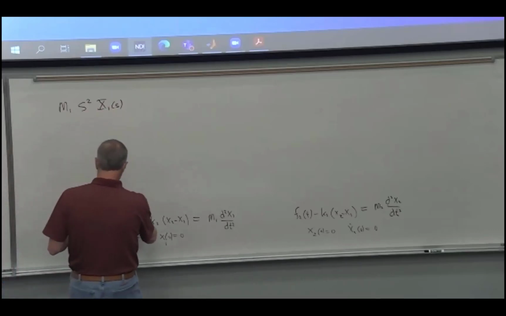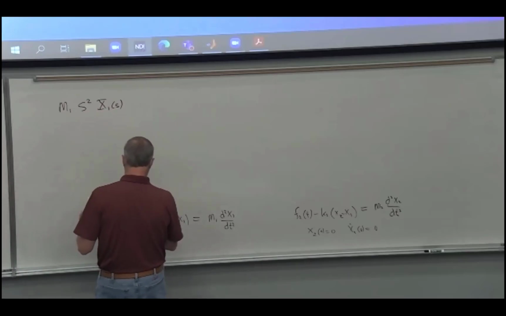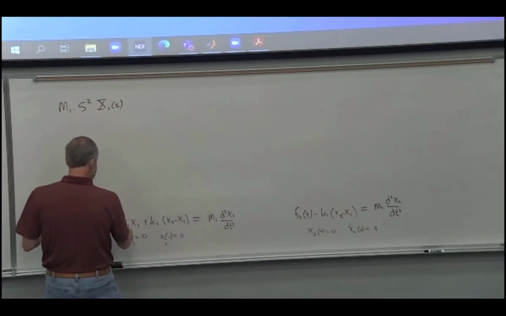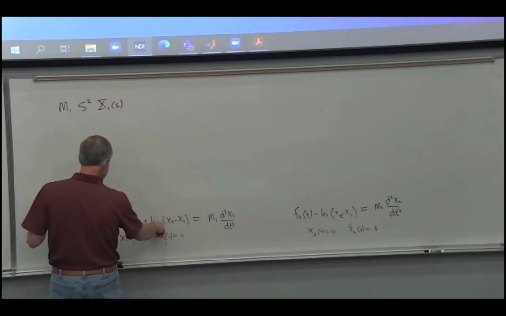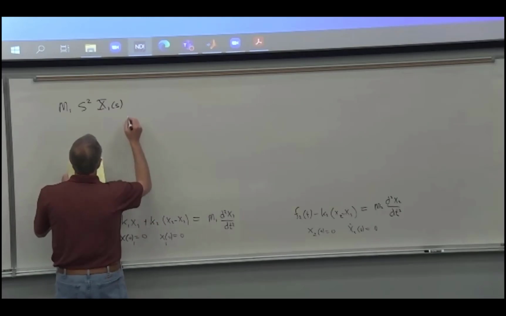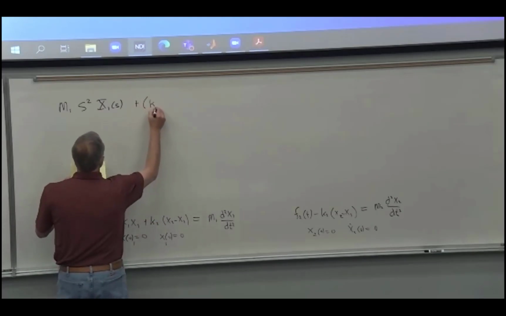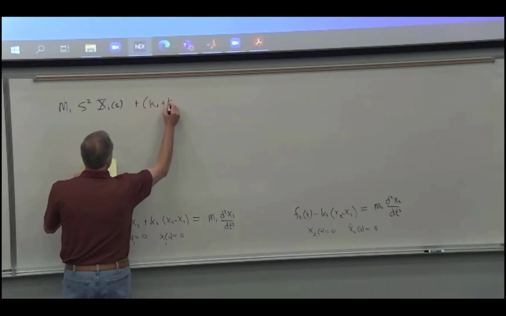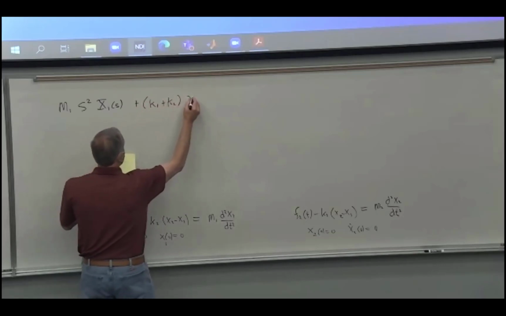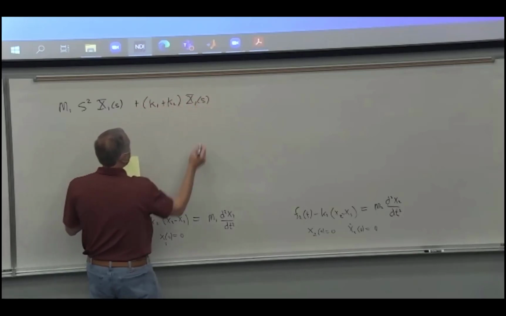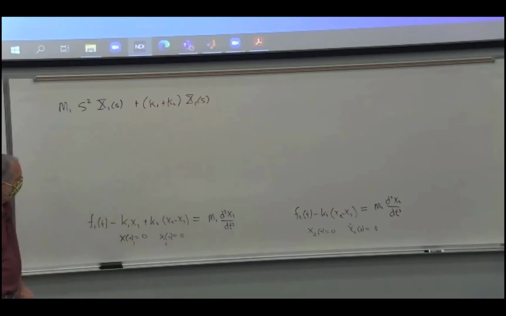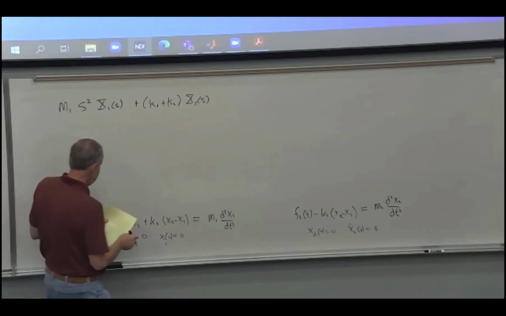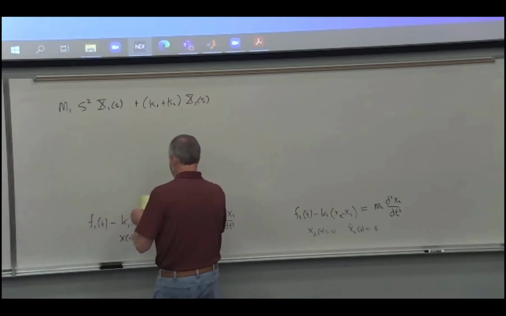And then terms shoved over to the other side. We've got k2 and a k1 times x1. And there's no derivative there, so we just get capital X. And then the last thing, we've got a k2 times x2.